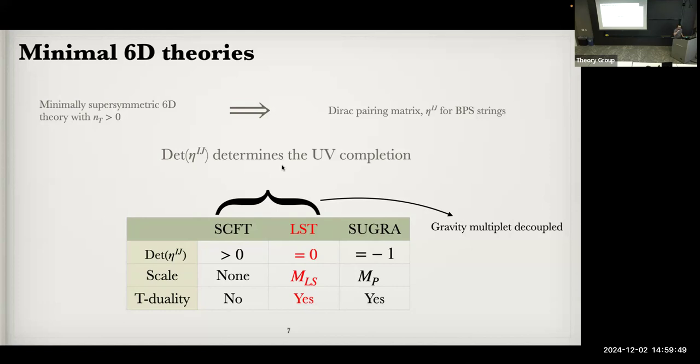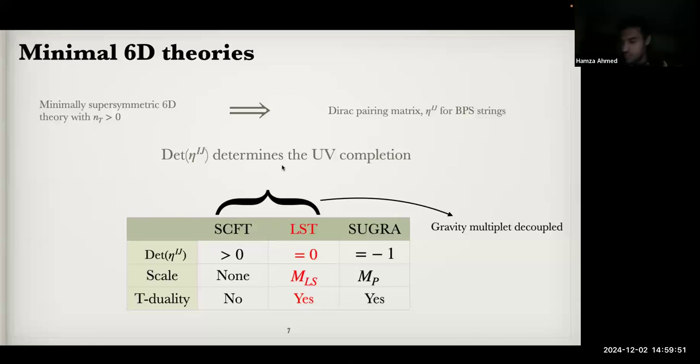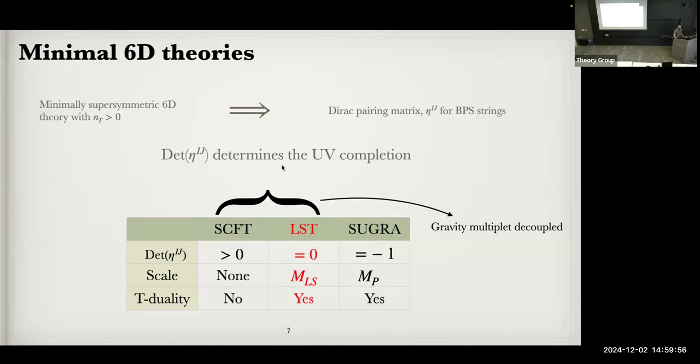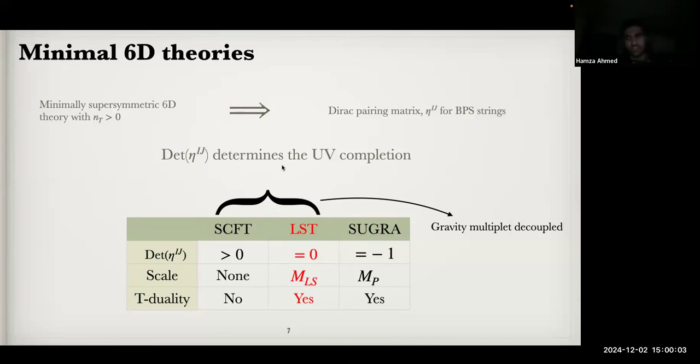If you just put one, then you just get the F1, which has a perturbative heterotic description. Yeah, exactly. Good.